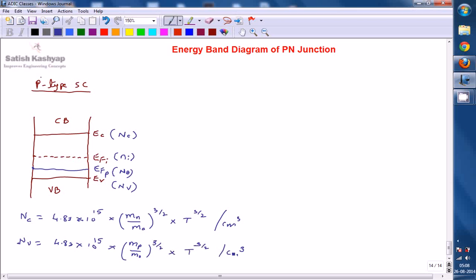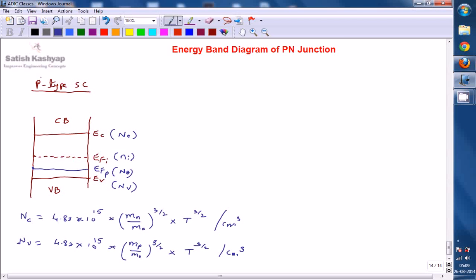Both values are approximately the same except for Mn and Mp. If Mn is equal to Mp, then Nc will be equal to Nv, where Mp is the effective mass of hole. M naught is the same as before, the rest mass of electron.